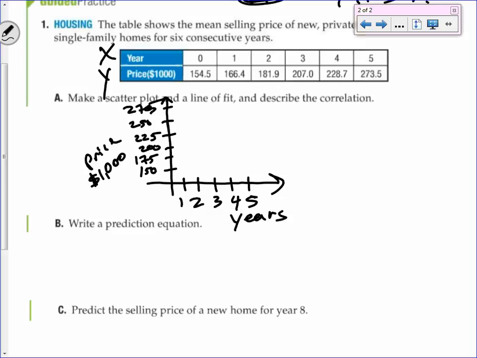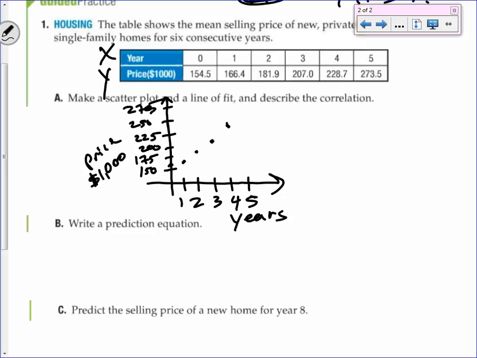Now we need to plot points. 0, 154.5 is going to be just above 150 on the y-axis. 1 and 166.4 is going to be just over here, between 150 and 175. 2 and 181.9 will be above our 175, between that and 200. 3 is going to be above our 200. 4 and 228 will be above our 225.